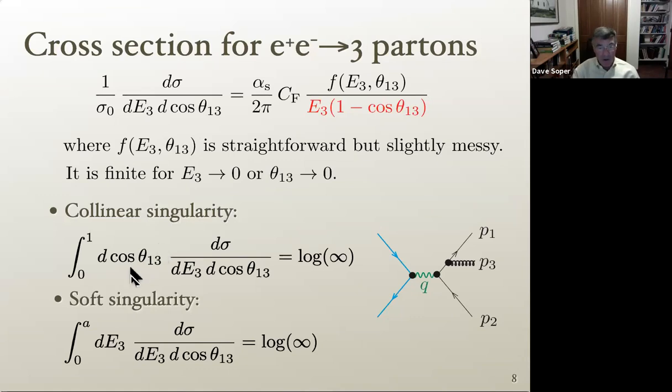And if you integrate d cosine theta 1,3 times the cross-section, which is 1 over 1 minus cosine theta 1,3, you'll get a logarithmic divergence. So I just wrote log of infinity. And there's a 1 over E3. And if you integrate over E3 from 0 to anywhere, you also get a logarithmic divergence. And that's a kind of a general thing. That kind of logarithmic singularities that give logarithms if you integrate them.